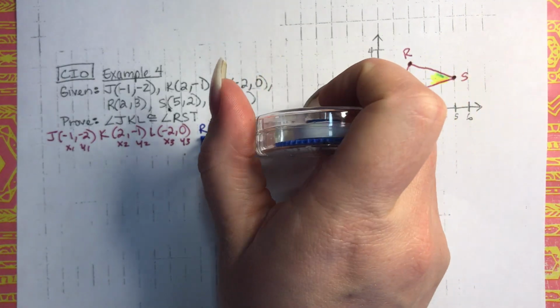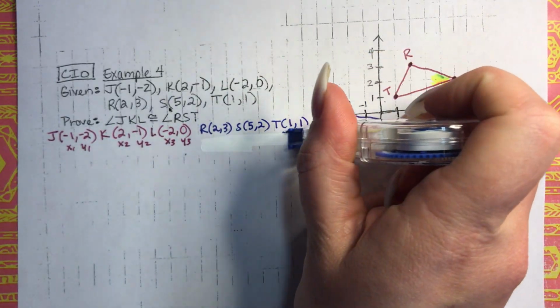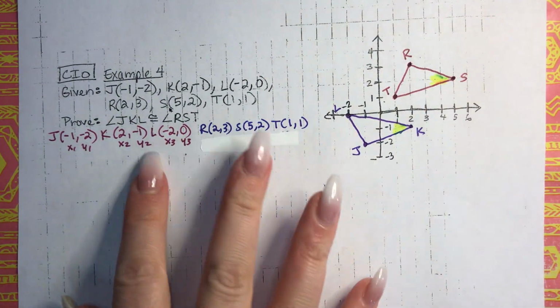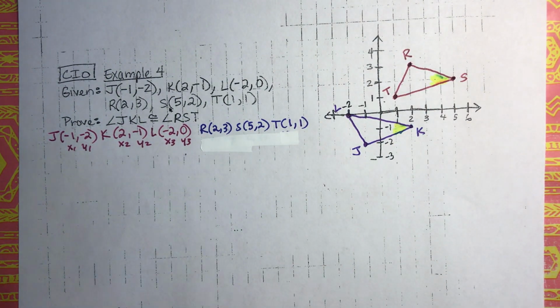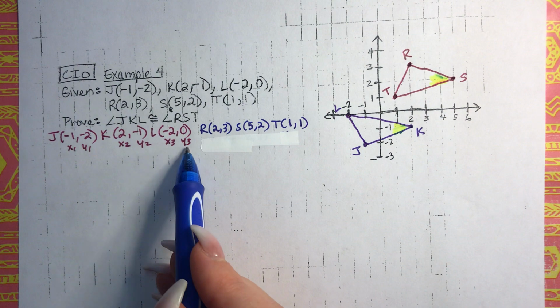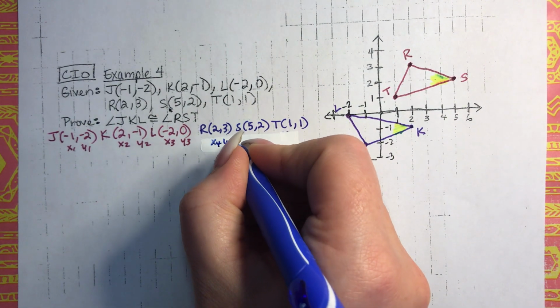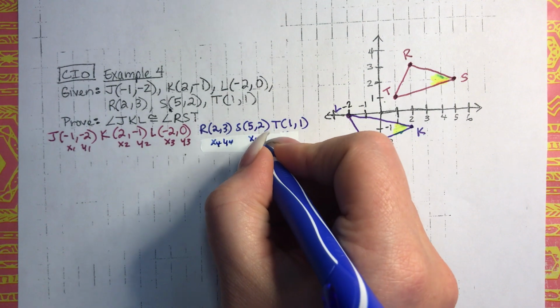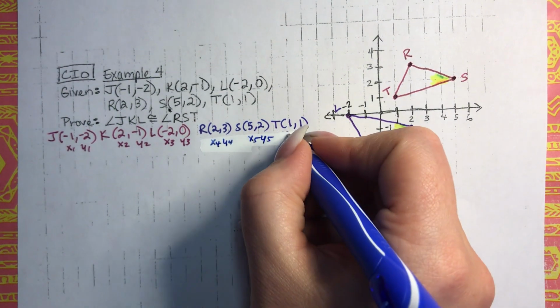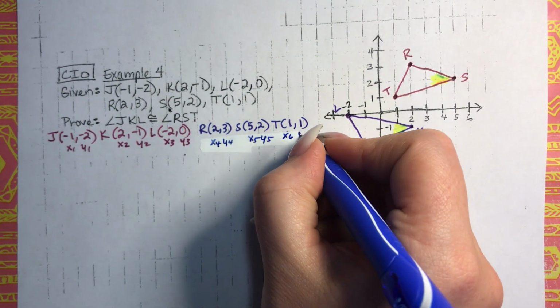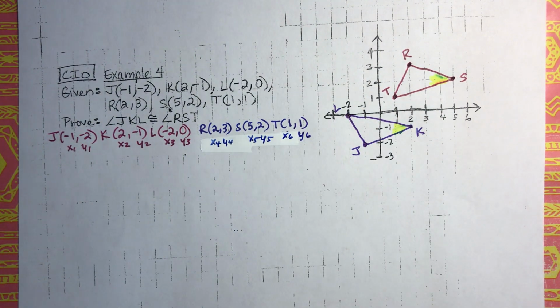Just forget all of that hot mess that I just wrote. Let's try this again. Rewind. Okay, x1, y1, x2, y2, x3, y3. This is x4, y4, x5, y5, and x6, y6. Whew! Okay. All right. Let's go ahead and get started.